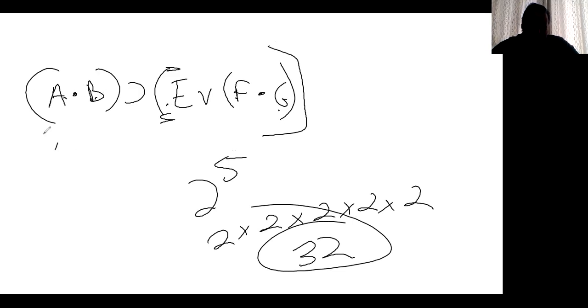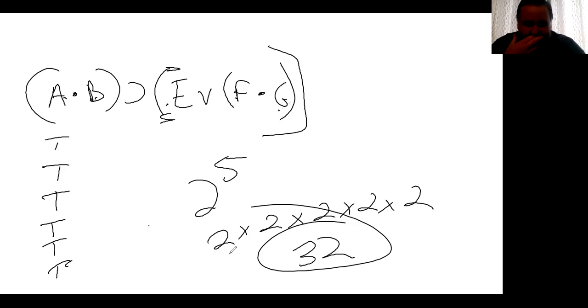That means you're going to have to start off with T 16 times and then F 16 times, and then T will be 8 and 8 and 8 and 8, and then 4 and 4, and then 2, and then TF, TF, TF. So you need 32 lines, which takes a whole sheet of paper to do. I'm not going to do it here, but that's how that works.